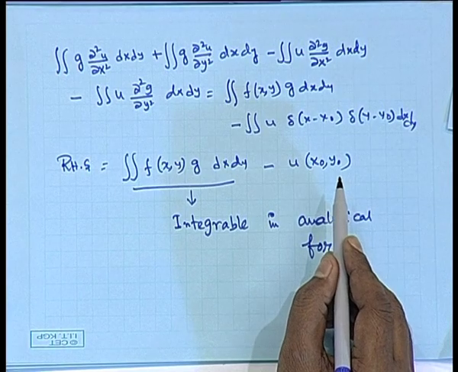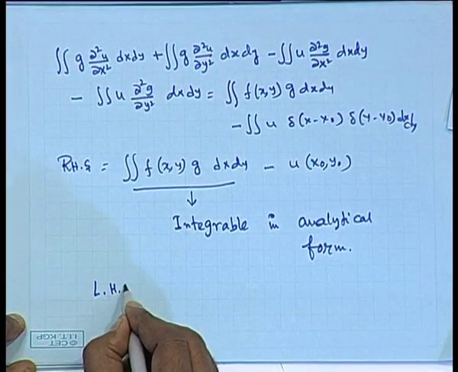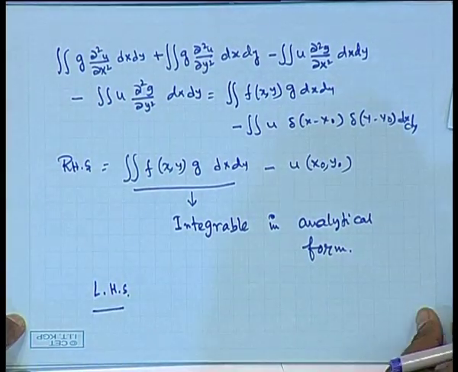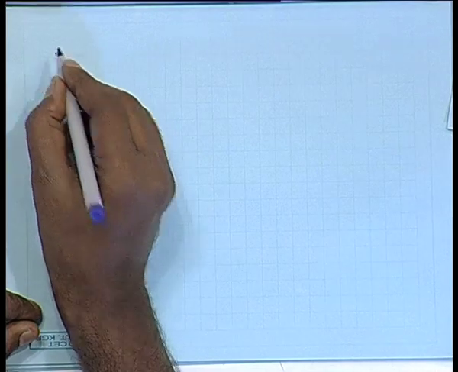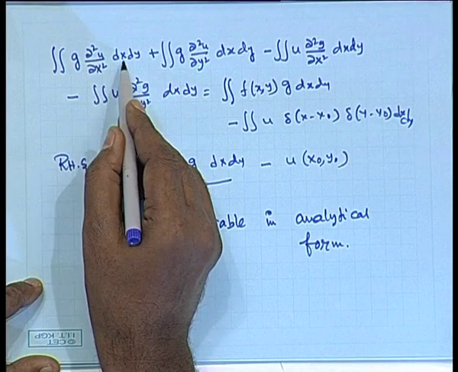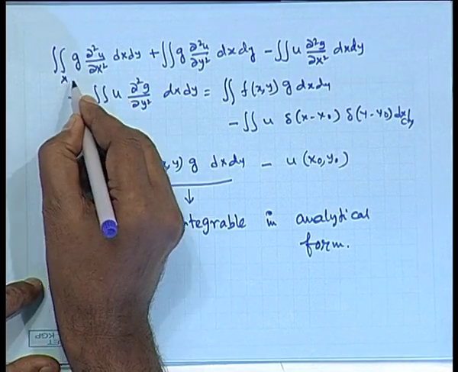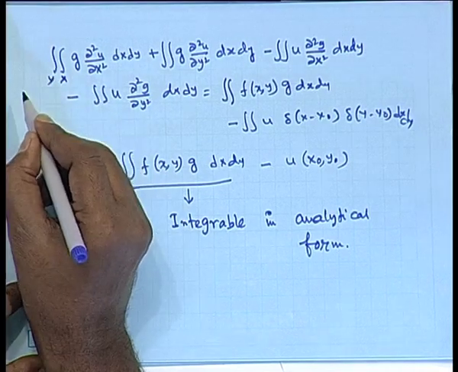So, let us evaluate the whole lot of left hand side. On the left hand side, you are having the term g del square u del x square dx dy. Okay. And let us say this integration is over x, this integration over y.